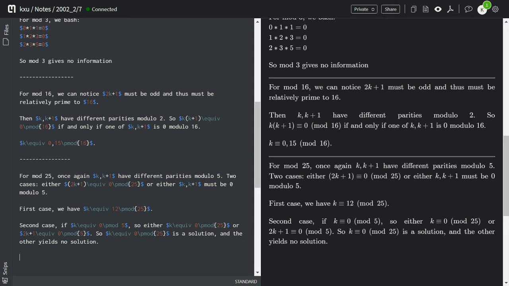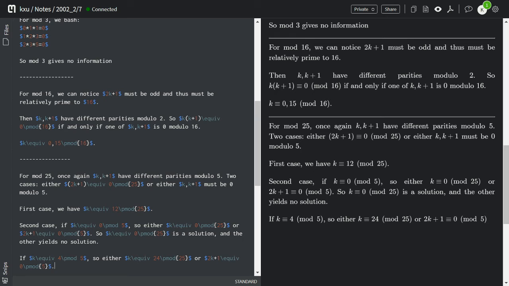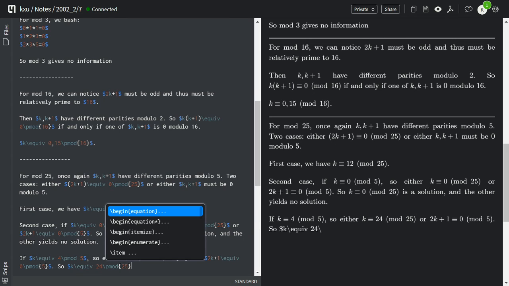Okay. Now if k is equivalent to 4 mod 5, which means that k plus 1 is 0 modulo 5, we have the same thing. So either k is equivalent to 24 modulo 25, so take the entire 25, or it splits it with 2k plus 1, so 2k plus 1 is equivalent to 0 modulo 5. So in the same manner, k is 24 yields a solution.